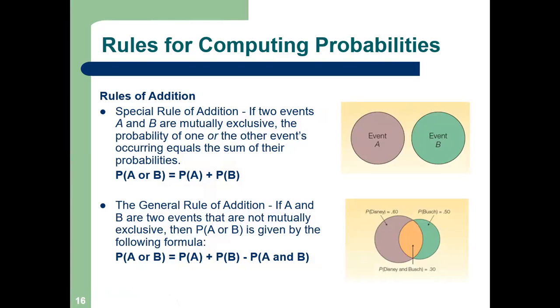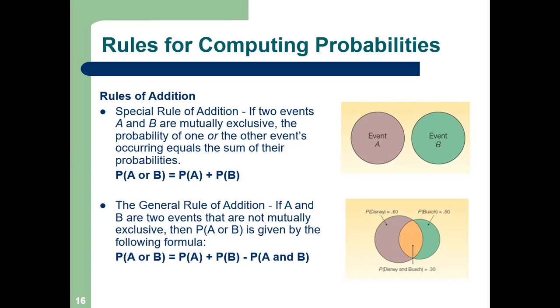So this is the rule of addition. There are two rules: one is the rule of addition, another one is the rule of multiplication. Rule of addition: when two events are mutually exclusive, we use this rule of addition. So we are adding the probabilities of two or more events.